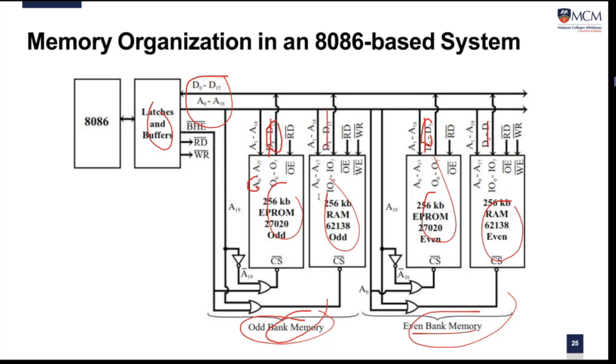We have control signals, read and write. Read and write control signals manage the memory operations. The output, OE, which means output enable, allows reading from EEPROM. The write, or WE, is write enable, and is used for writing to RAM.